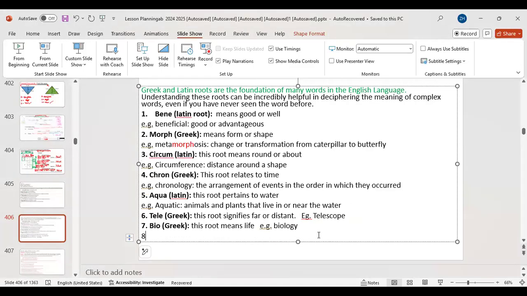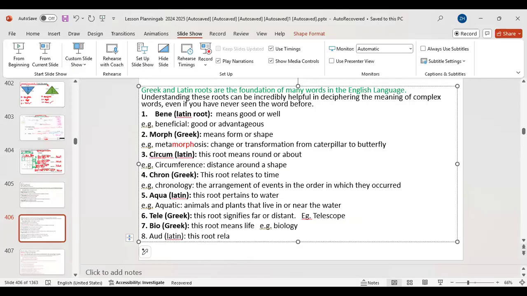All right. Number 8. I said it's going to get to 9, right? So it's almost done. Number 8 is aud. Audio. Audible. Hearing. Very good. Sound. Very good. So audition. Very good.